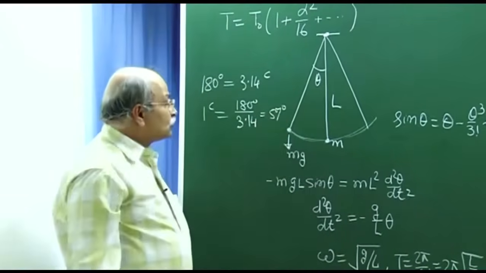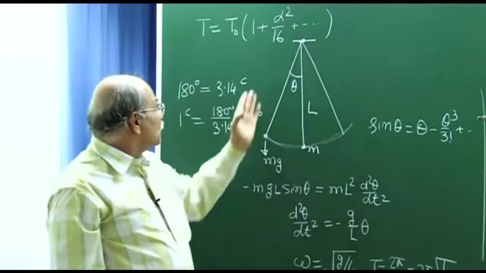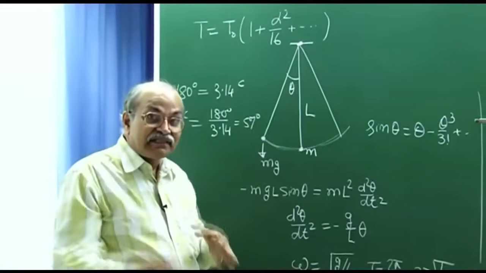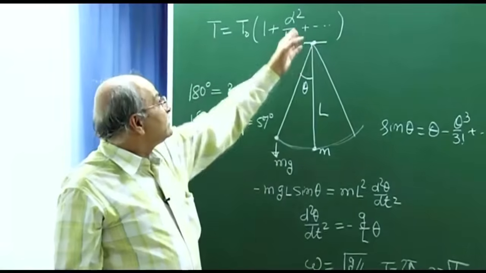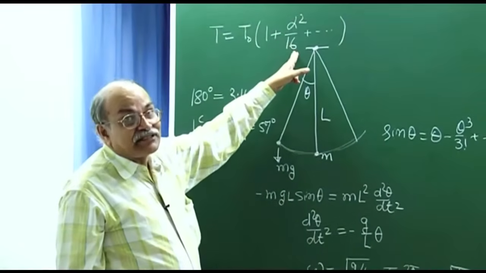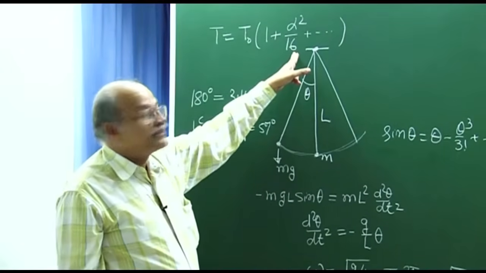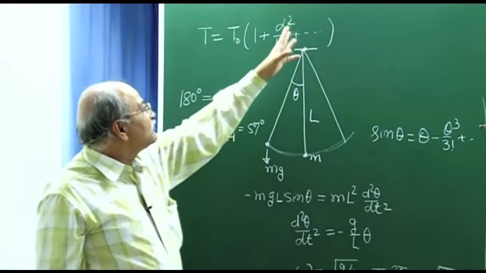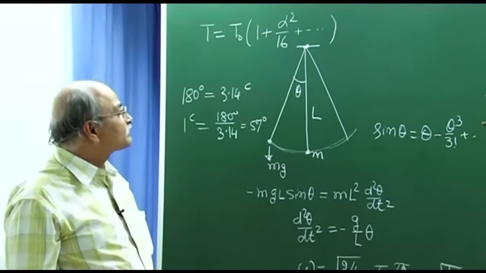So at alpha equal to 1, it is a huge amplitude, 57 degrees, and even then the correction will be 1 by 16. 1 by 16 is about 6% error, and later terms will be even smaller.